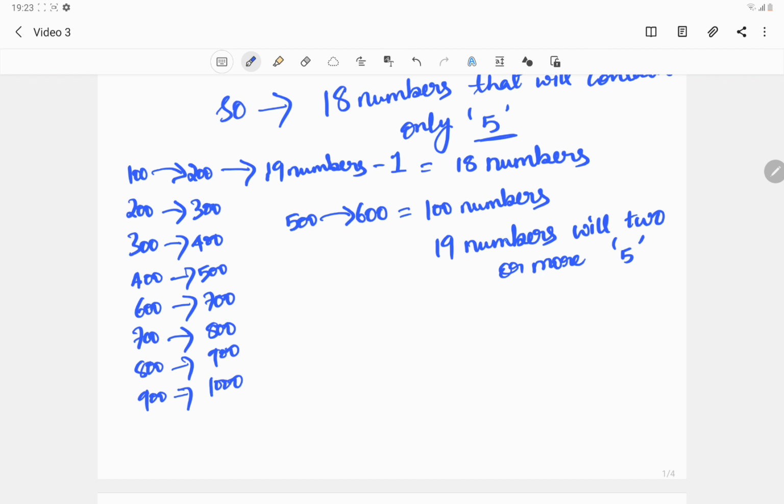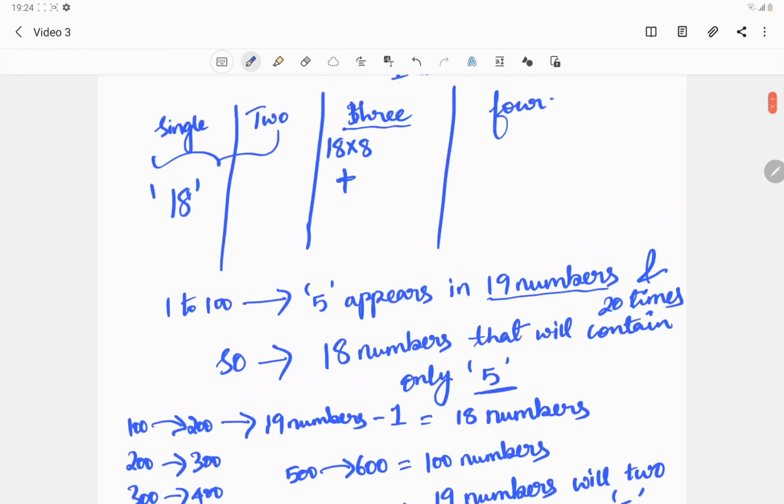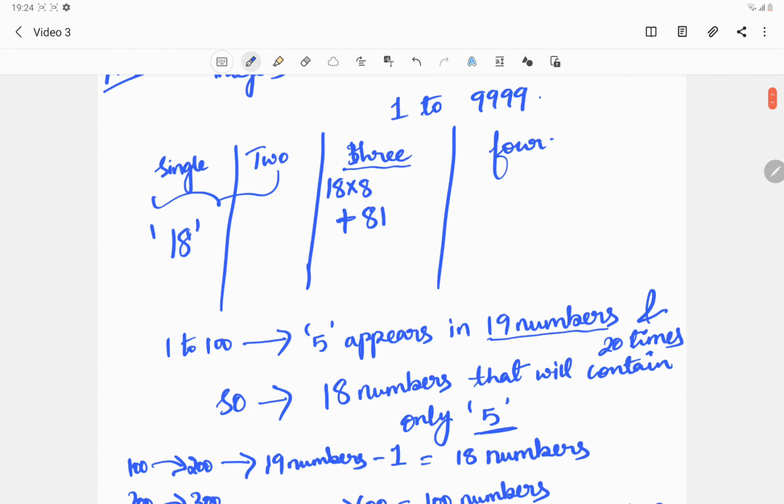So total there are 19 numbers. The calculation for this 19 was discussed in the second video which I have posted. You can go through that video. So it will be total 81 here. So add 81 over here.